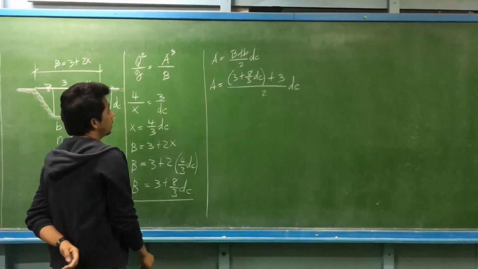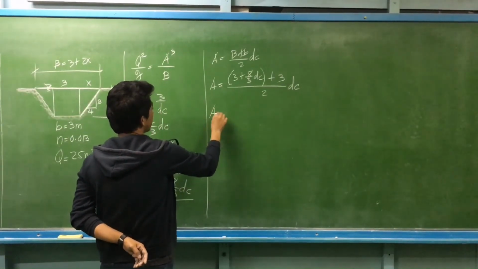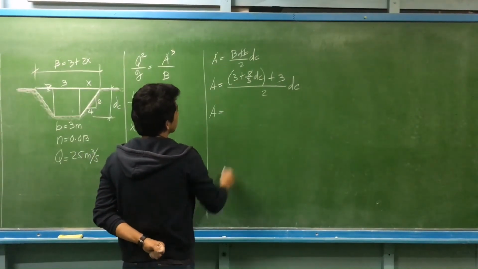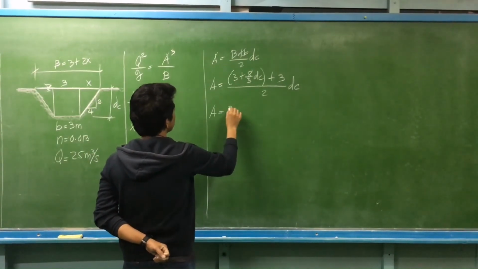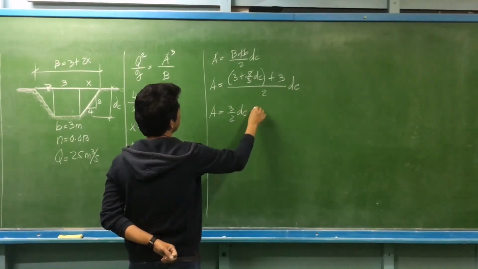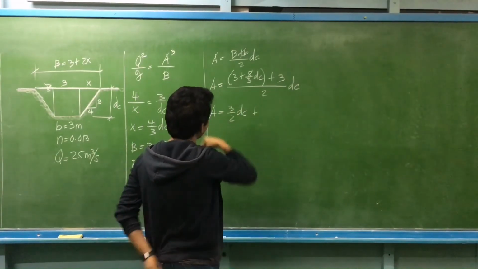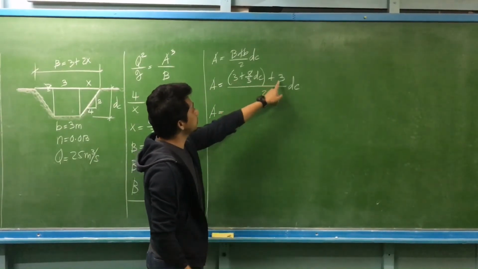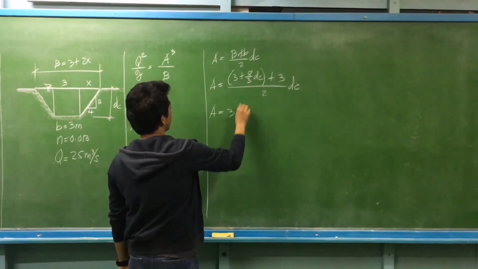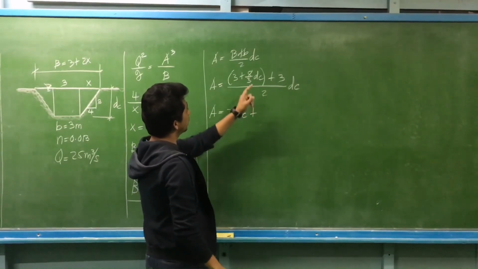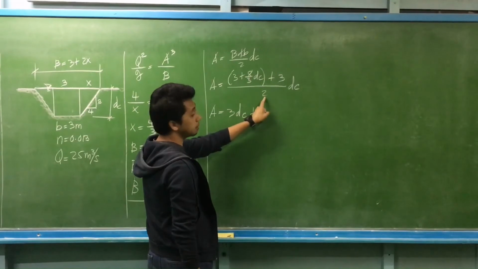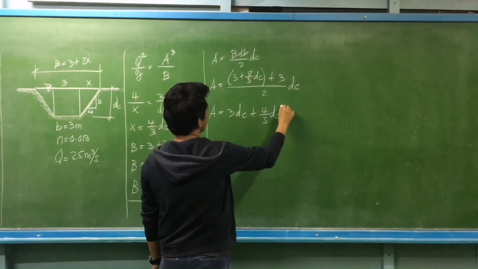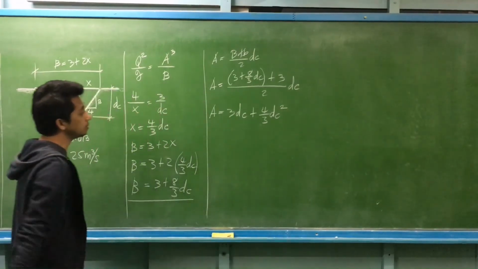So we'll be having the area equal to 3 critical depth plus 8 over 3 divided by 2, which is the same as 4 over 3 of the critical depth squared. So that is the equivalent of the area.